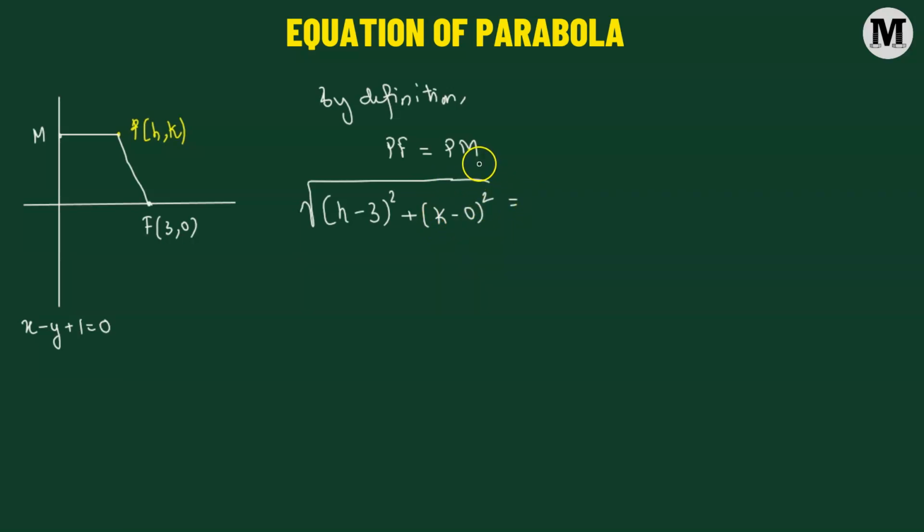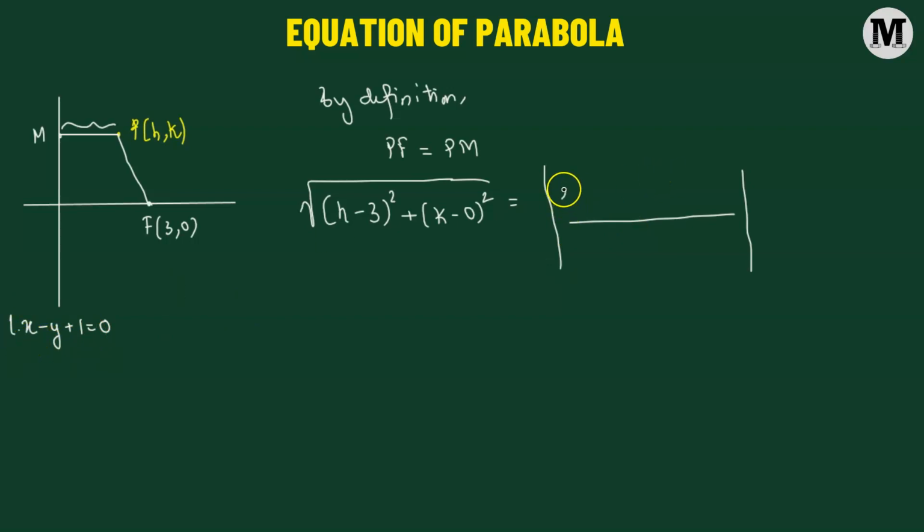Now, to find out the length of PM, this is the perpendicular distance of the point P from the directrix line. So there's a standard formula to find out the perpendicular length. All we have to do is take the absolute value underneath that. So inside the absolute value, we'll take a ratio. In the numerator, we'll consider the coefficient of x of the directrix line.